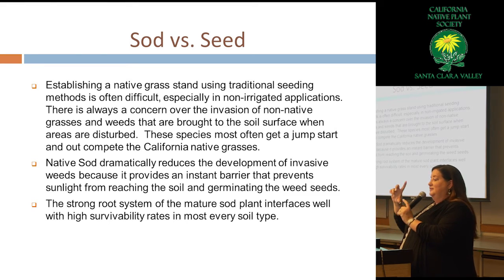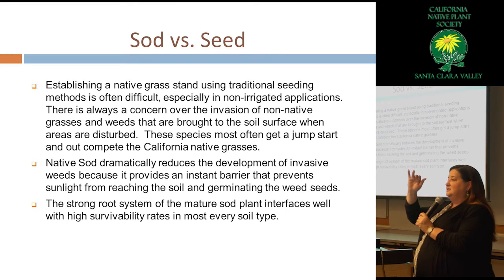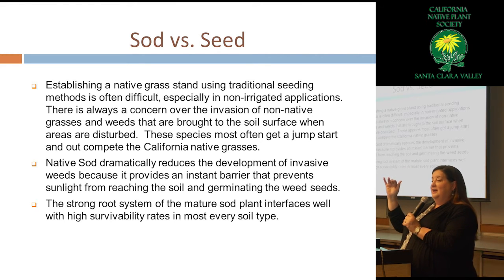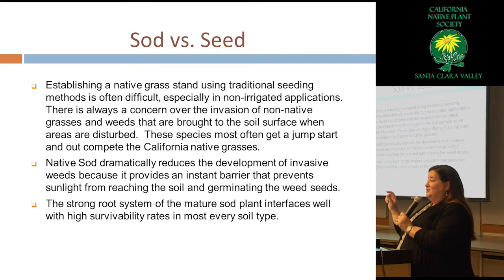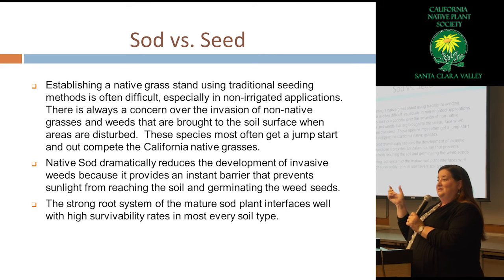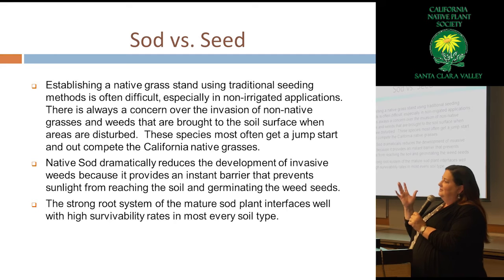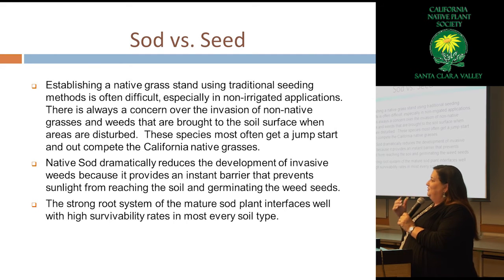Well, if you look at an analysis tag, it'll state the purity, and then it has something called other crop, inert, and weed seed. Purity is just what it says: the pure amount of seed that's in there, and hopefully, with conventional turf, for me, it's always 98.00. Other crop is other grasses.